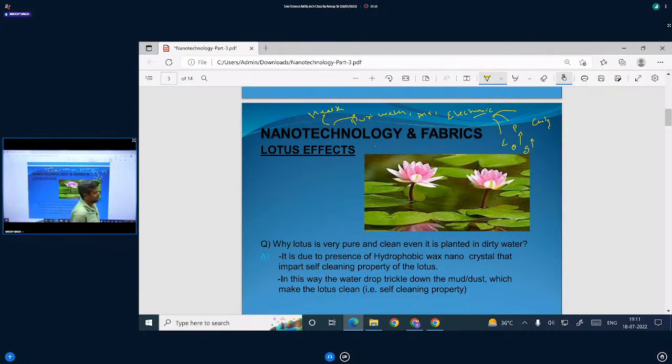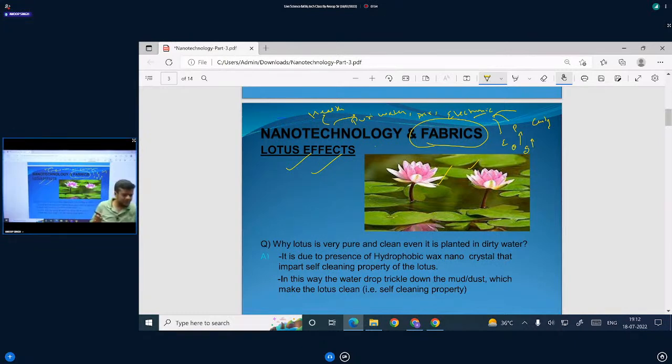First is fabrics. Now first we have to see what is the lotus effect. You see this lotus flower is always planted in muddy and dirty water. Nevertheless, its leaves are never dirty. It is always clean. Why so?